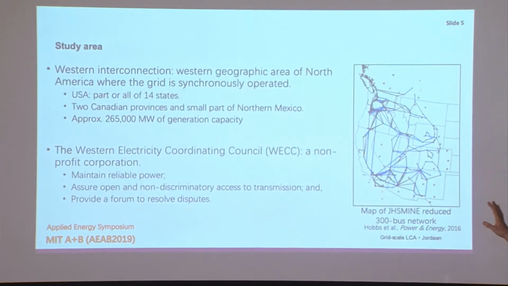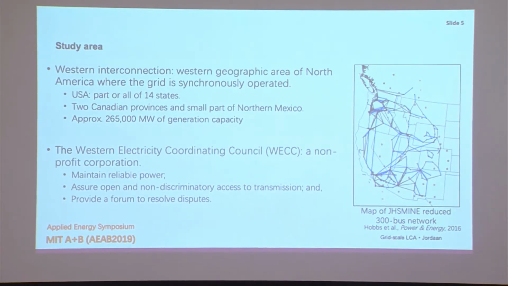So what my collaborators have spent the past couple of years doing is looking at a particular region, the Western Electricity Coordinating Council. This encompasses the Western Interconnection. So it's a large area of North America, in essence the western half. It's part or all of 14 states and includes British Columbia and Alberta and a small slice of northern Mexico.